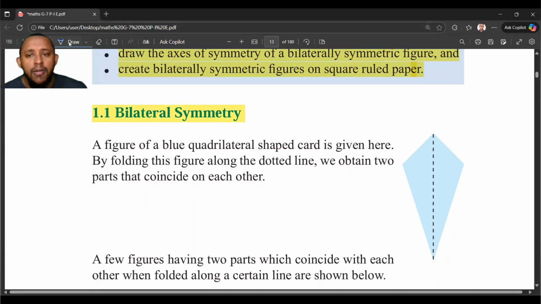It's a blue color quadrilateral shaped card given, right? So by folding this figure along the dotted line, here, this is the dotted line, if you fold it along this dotted line, we obtain two parts that coincide with each other, right?